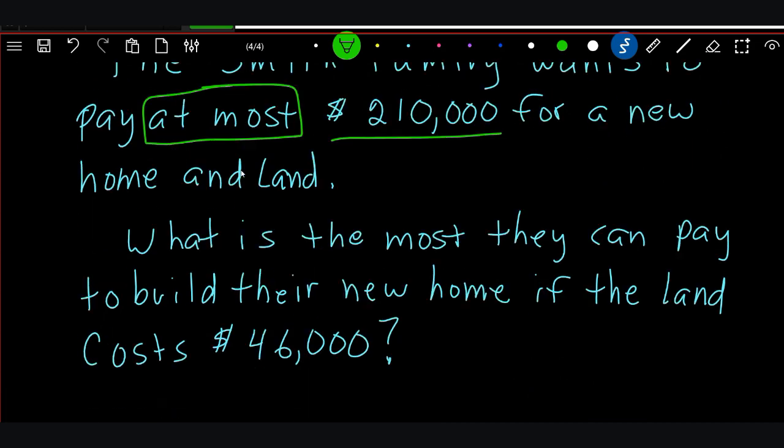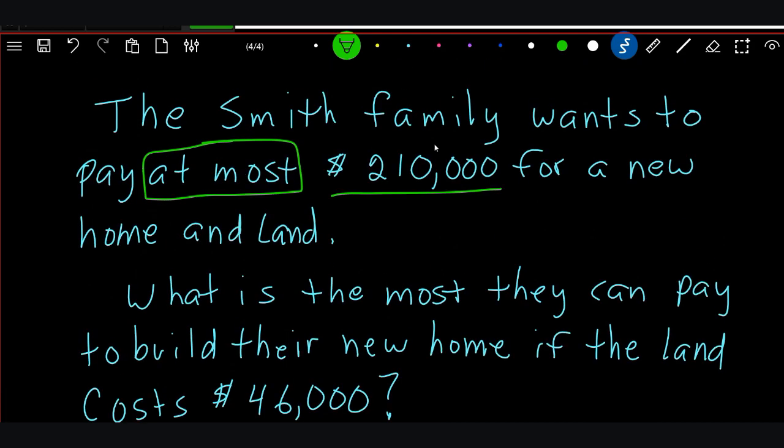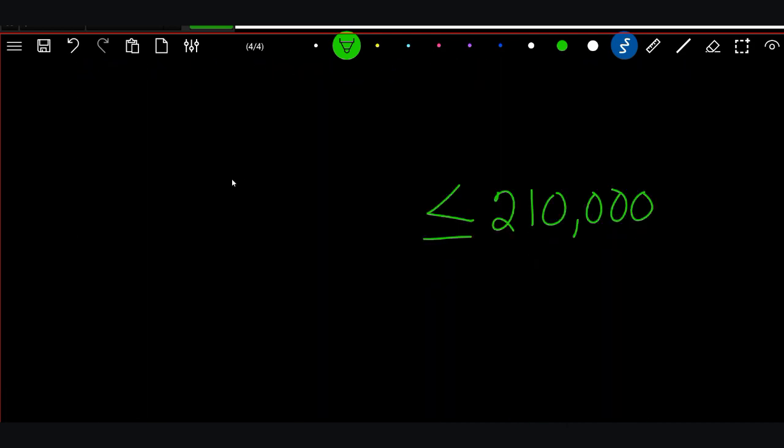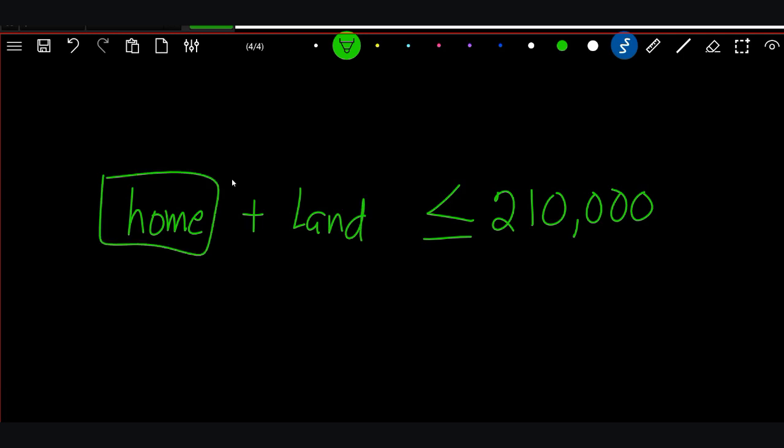Now let's talk about what they want for a new home and land. So the home plus the land cannot equal more than that.